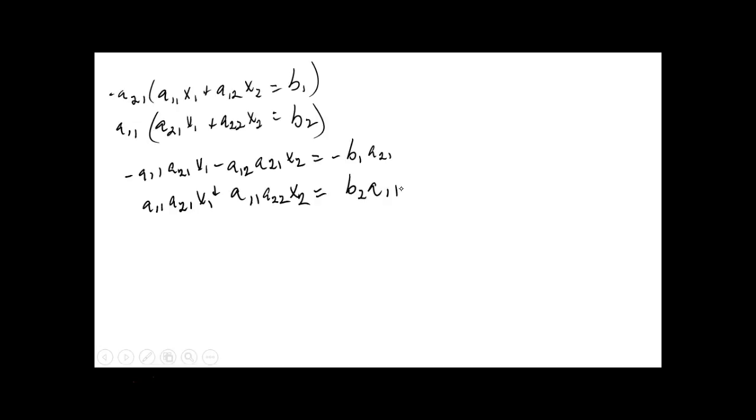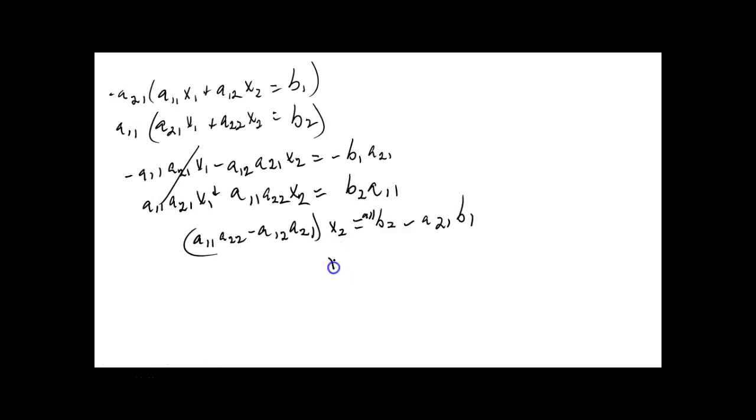Now obviously you add these two together and you lose that term. So that gives you this. A11 A22 minus A12 A21 times x2 is equal to A11 B2 minus A21 B1.